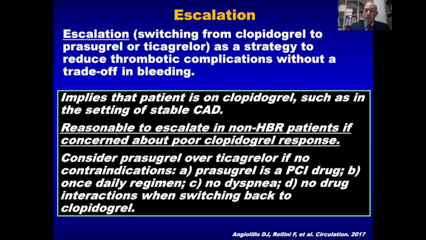It's a once daily regimen, there is no dyspnea, and there are no concerns about drug interactions when switching back to clopidogrel if needed at a certain point. So again, it's not because there is any specific pharmacodynamic difference. I just think it is a more user-friendly approach to consider prasugrel if there aren't any contraindications.